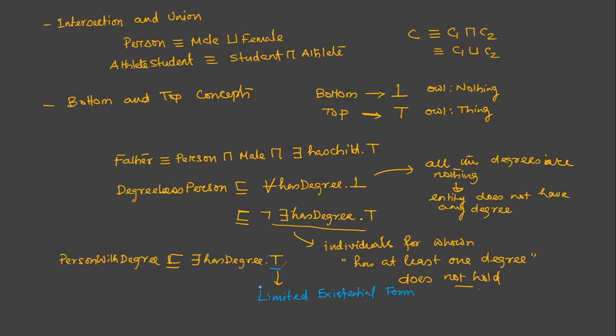So that's why this is called limited existential form. And we will see later that this limited existential form is included in simpler language families. So as we go forward, we'll see that description logic has got different families, as OWL has got different families, right? And for the simpler families, this limited existential form is included, but the most restricted form of this existential usage is not present, right? So we'll see that later.